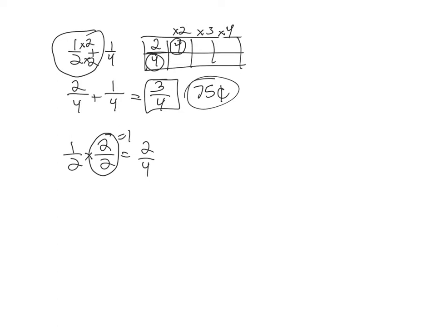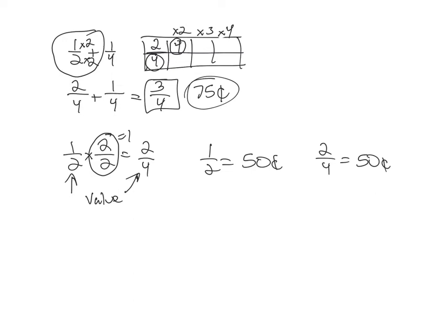What I'm saying is the value of 1/2 and the value of 2/4 is the same. So again, money. 1/2 of $1 is 50 cents. 2/4 is also 50 cents.